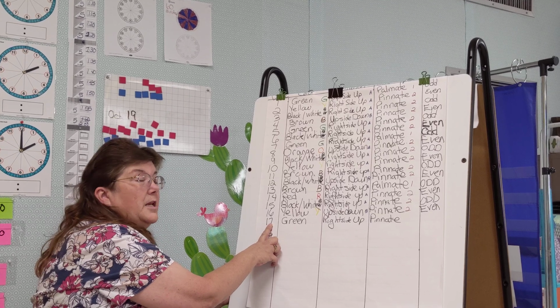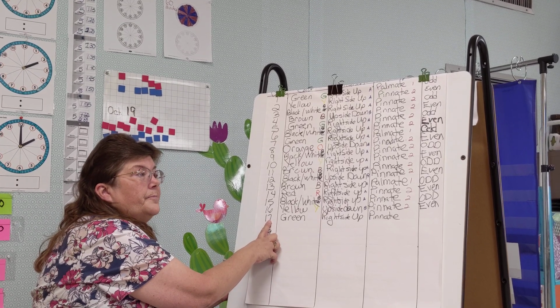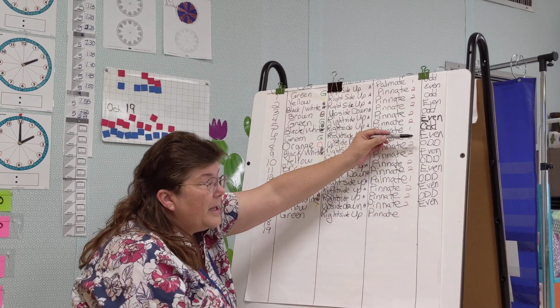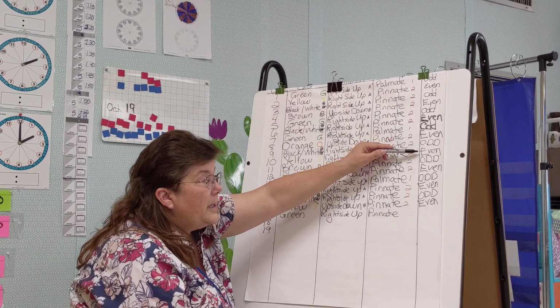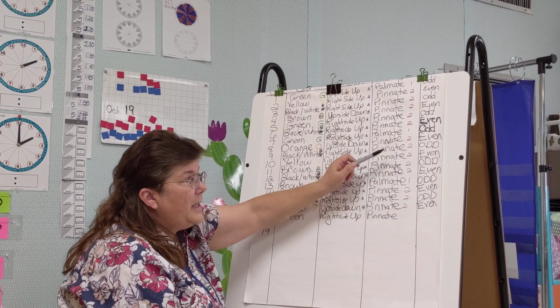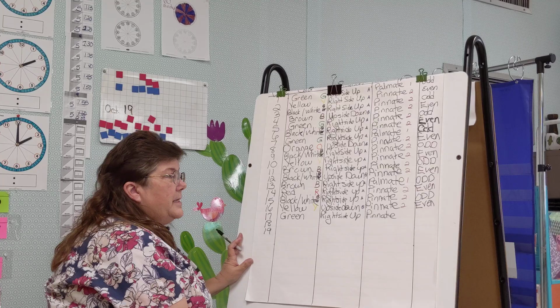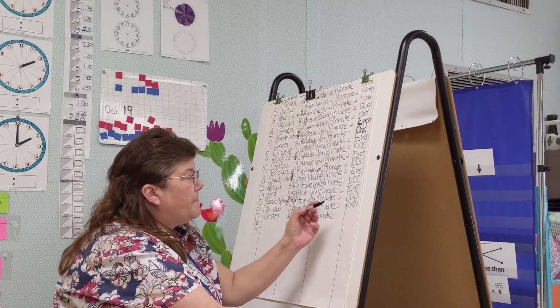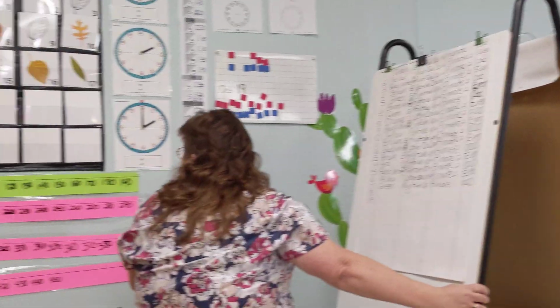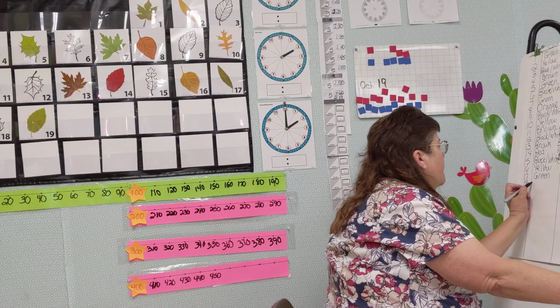So is 17 an odd or an even number? Good. I heard a lot of people say odd, and we can come back and look at our pattern. Odd, even, odd, even, odd, even, odd, even. So it's an AB, AB, AB, and so that one is definitely odd. Okay. The 18th was a black and white.